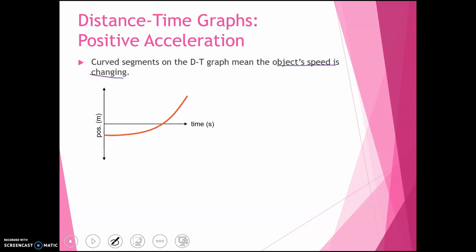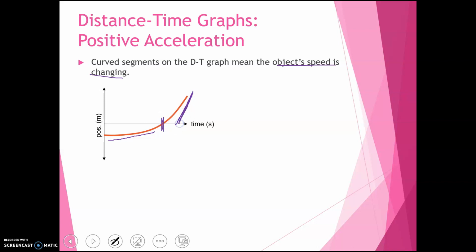In this first graph, we have position versus time, or distance versus time. As you can see, the slope of this first segment is a very shallow slope. There's hardly any change. So maybe the speed is just slowly increasing. However, after maybe 7 seconds or so, the speed increases, the slope gets steeper.